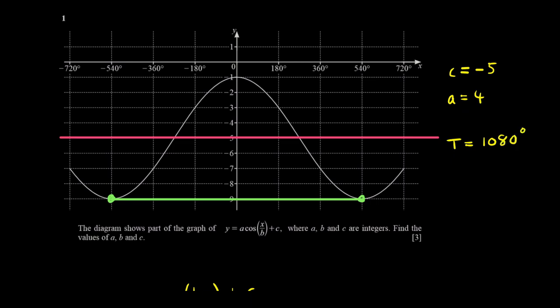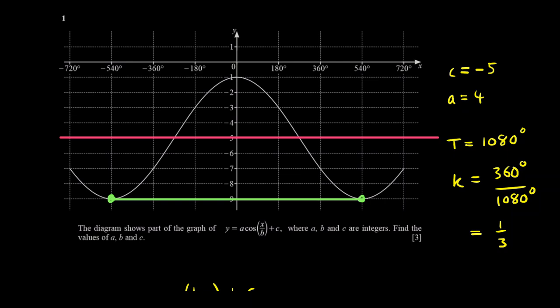And what I said before is if one wave is 1080 degrees, then we can find the k value, because that's going to be 360 degrees divided by 1080, which is 1/3. Remember, k refers to the number of waves in 360 degrees.